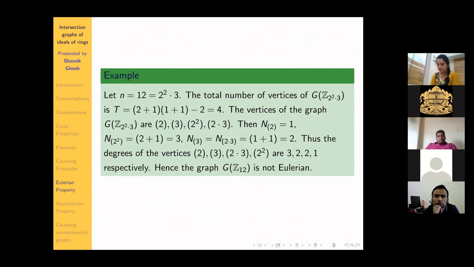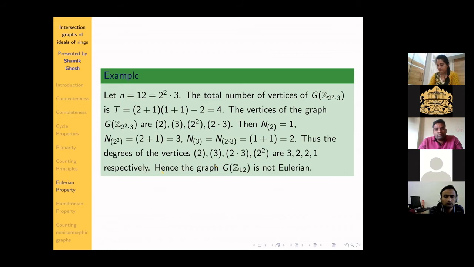And the non-adjacent vertices of 2 square must contain 3, so there are only 1 and 2, plus itself, that is 3. So 3 are non-adjacent. But total there are 4 vertices, so its degree is 1. And the degrees of 3 and 2 into 3 you can prove are 2. So the degree sequence is 3, 2, 2, 1. So there are 2 odd degree vertices, so the graph cannot be Eulerian.